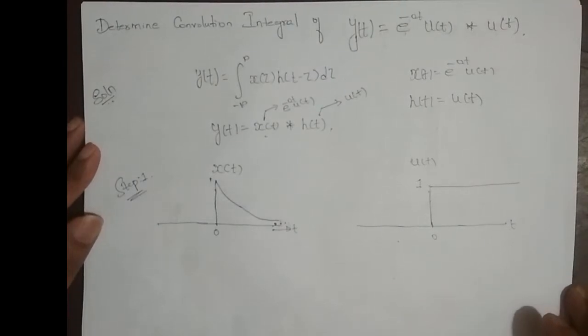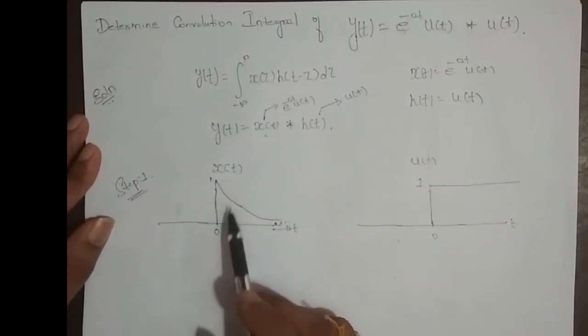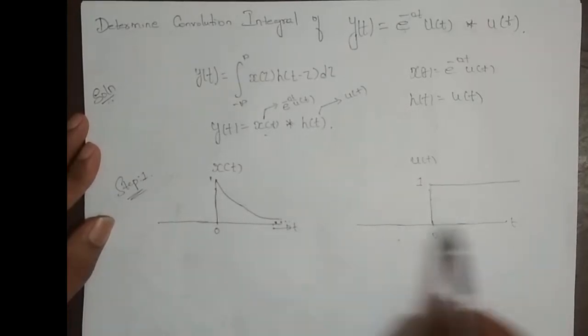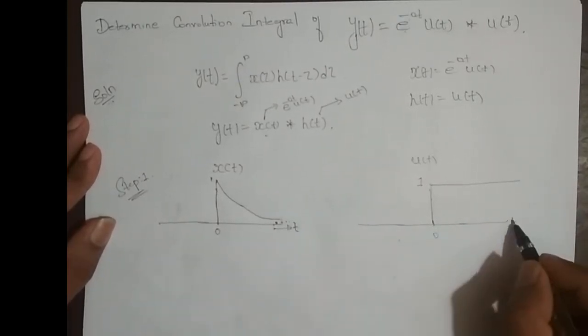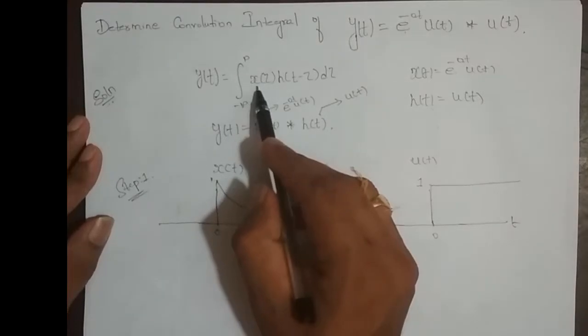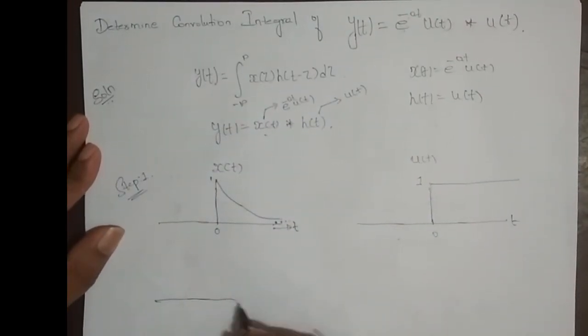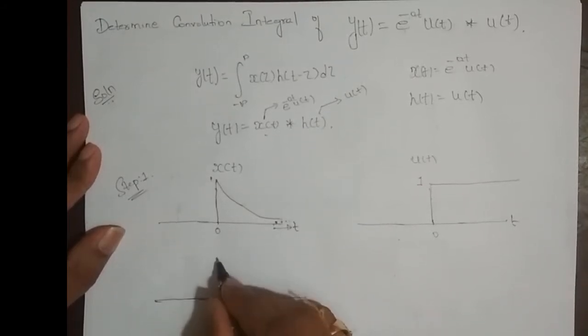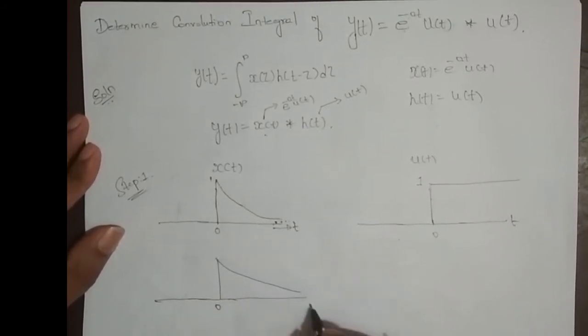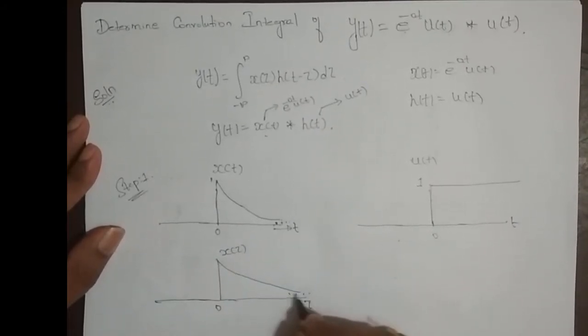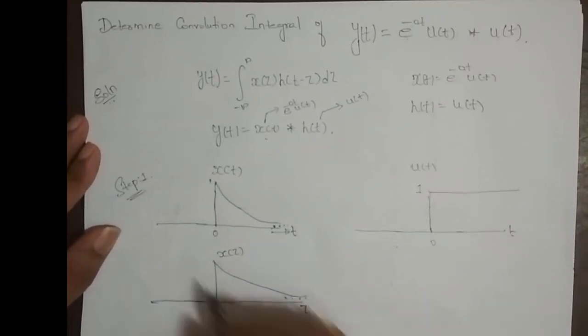So what do I need to do next? I need to put it in terms of tau. I need to change the independent variable from t to tau. Why? Because in the formula we have x of tau and h of t minus tau. So let me plot it again here. This is 0, this is tau, this is x of tau, which goes till infinity, and this is 1.